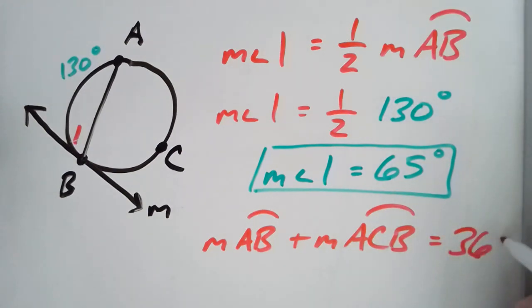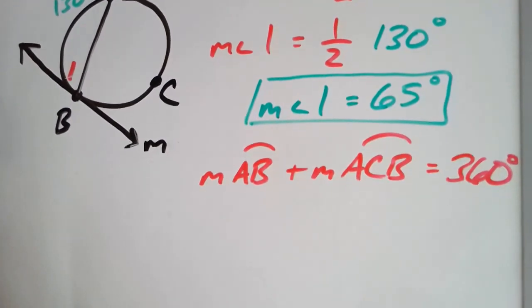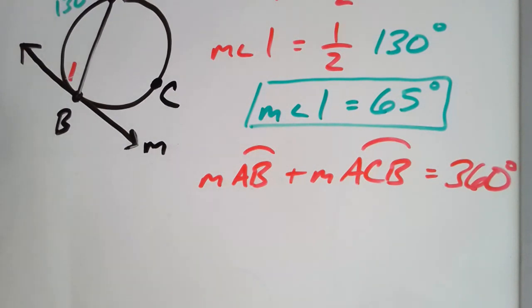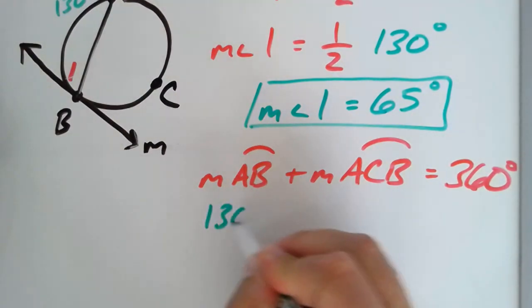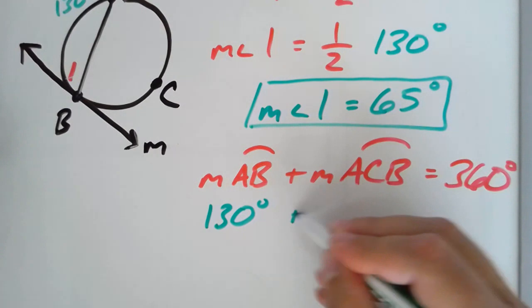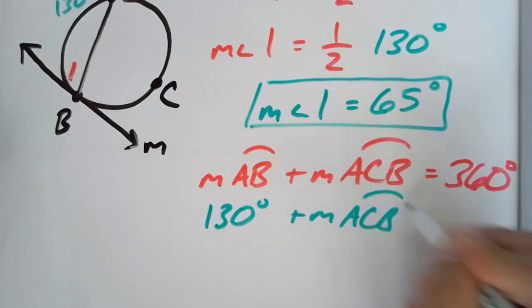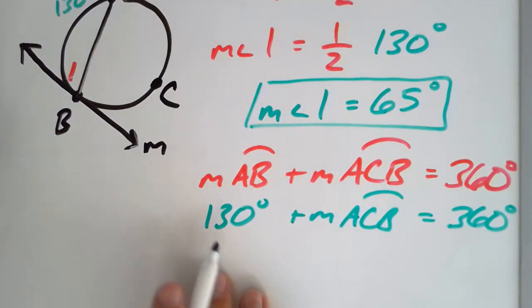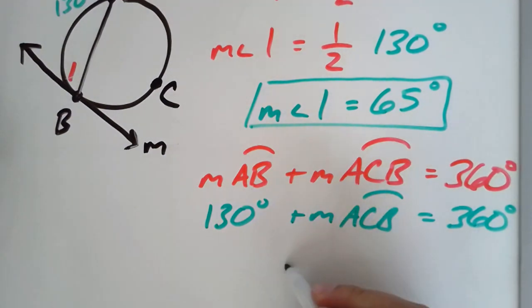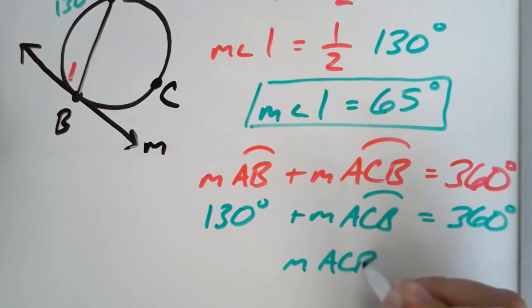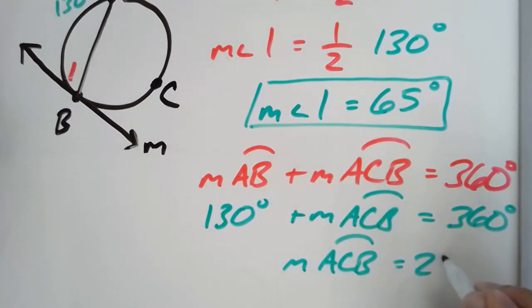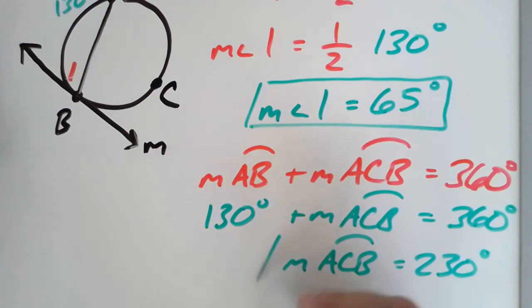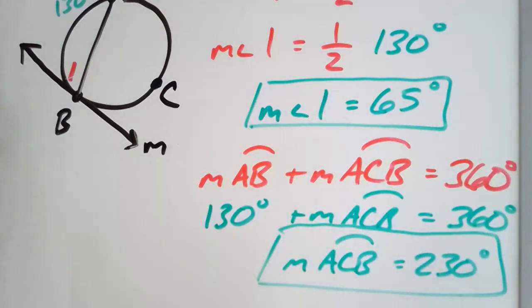Those together have to make 360 degrees, so I could just do 360 degrees minus the 130 to figure out what's left over. To do what many of you would do in a single step, I would simply subtract the 130 from 360, and I'd find out that that major arc is the remainder, or the leftover, 230 degrees. Not terribly difficult in either of those cases.